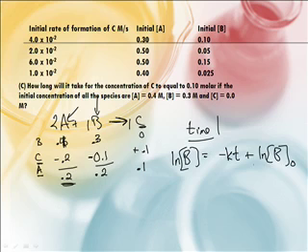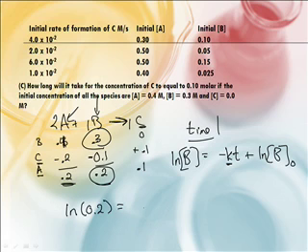Our B original is 0.3, our B at time t is 0.2, and we know the value of k, which we calculated a minute ago: 0.4. So the natural log of 0.2 is equal to negative 0.4 times t plus the natural log of 0.3.